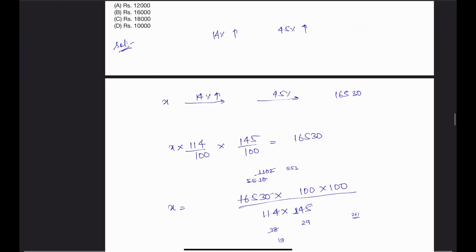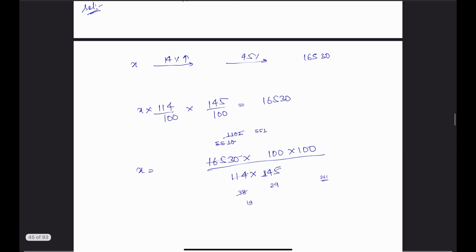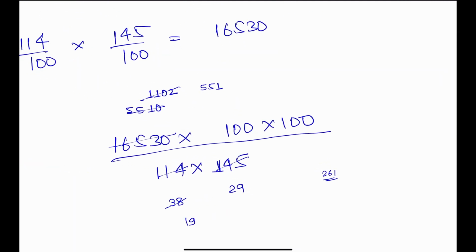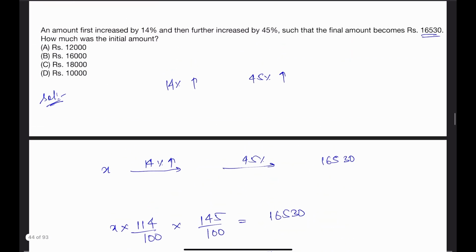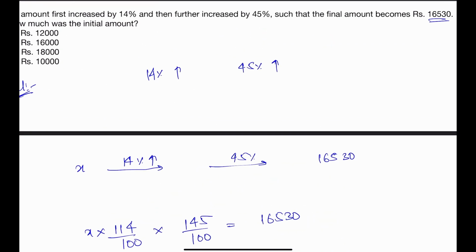What is the number? 16,530. 16,530, correct. It's not even divisible. Increase, right?